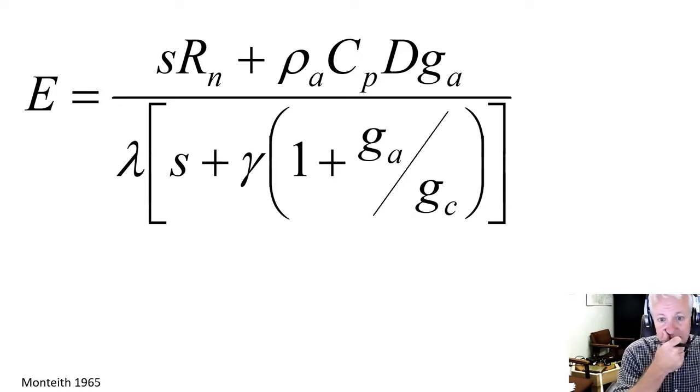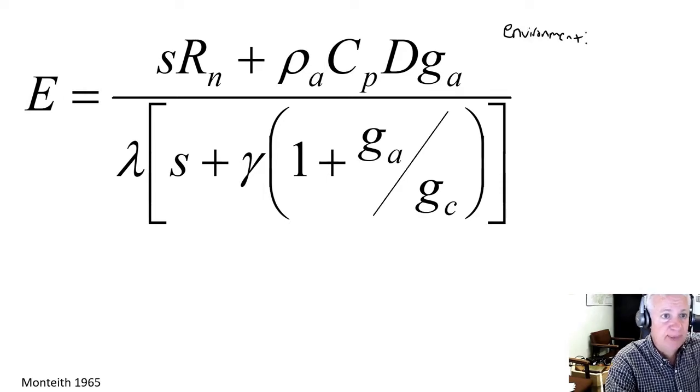So this equation could be a little intimidating to look at, but it's actually relatively straightforward. There's really only a few components. So there's a couple of components that express the effects of the environment or weather. And I'll put those in black.